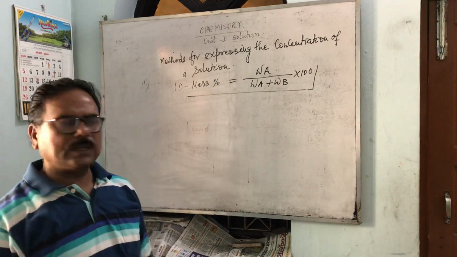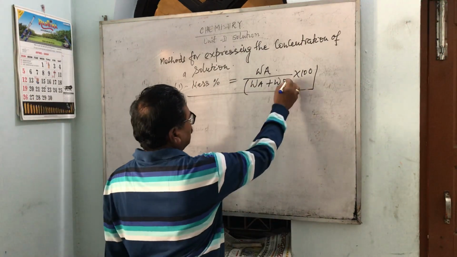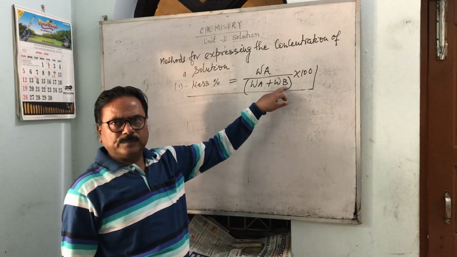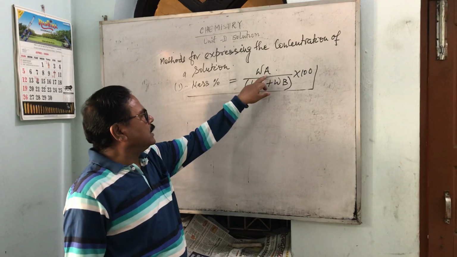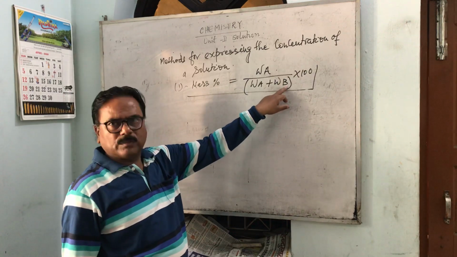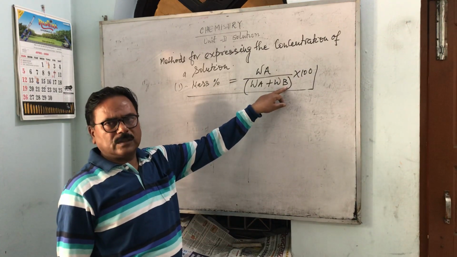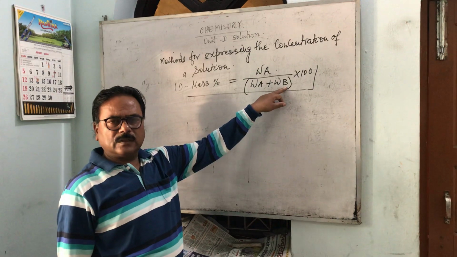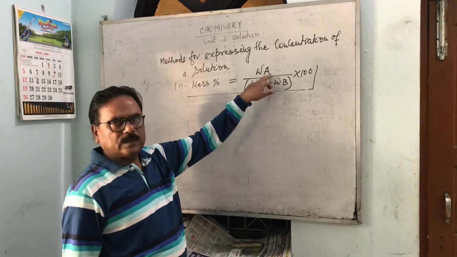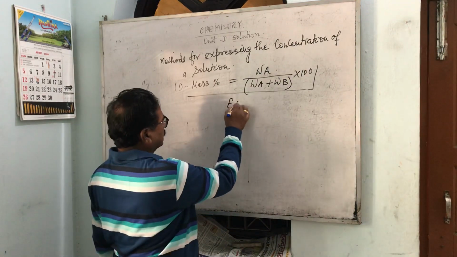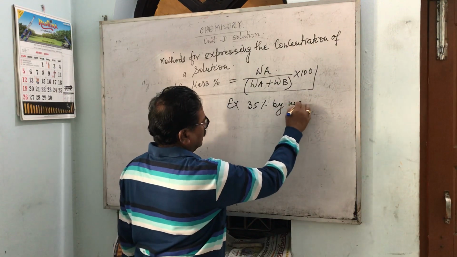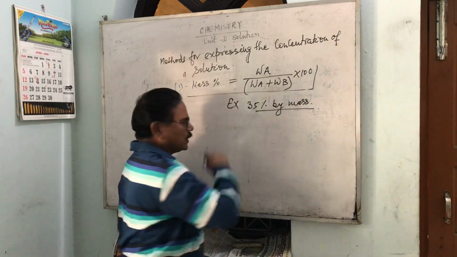Here the solution is constituted by mixing the two components WA and WB. WA is the mass of the solvent and WB is the mass of the solute, as we discussed earlier. We always designate the solute as B and the solvent as A. If you take the example of 35% by mass, what does it mean?